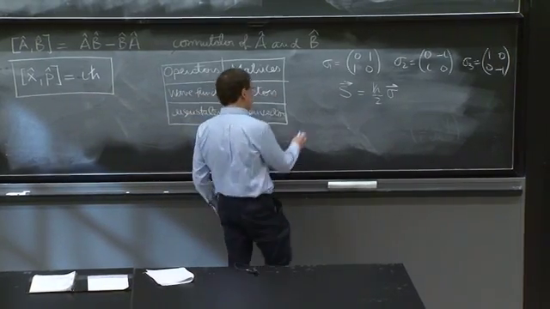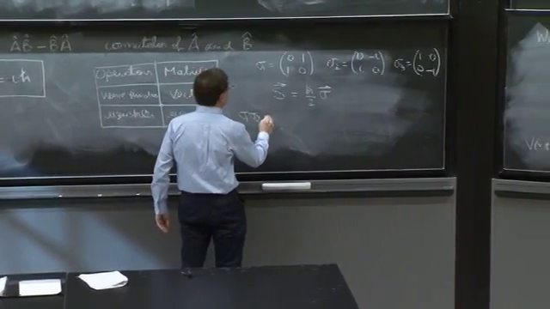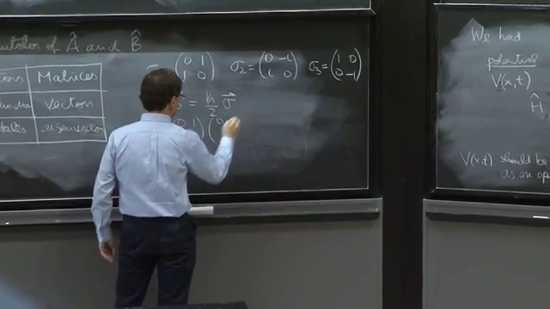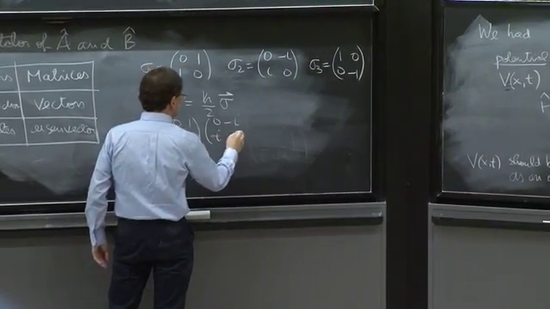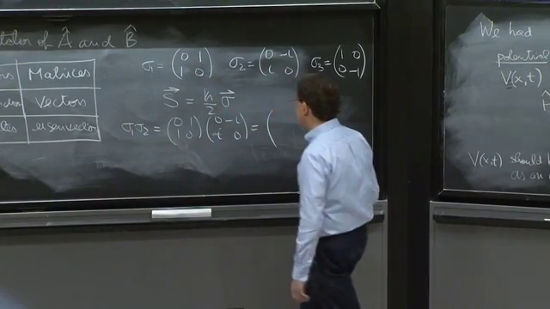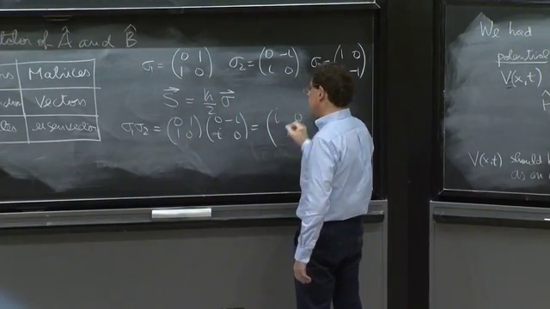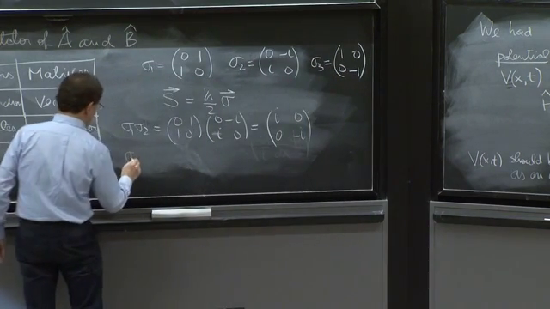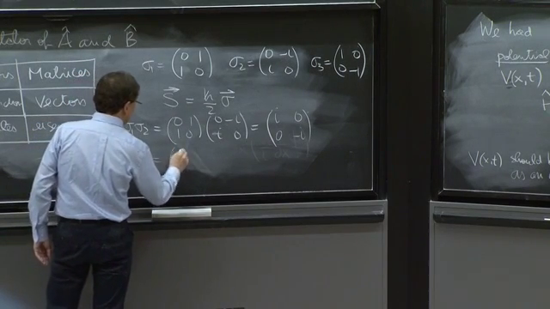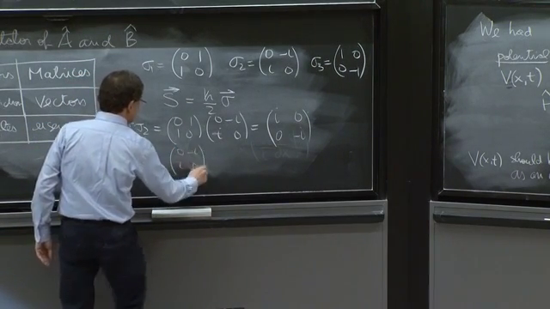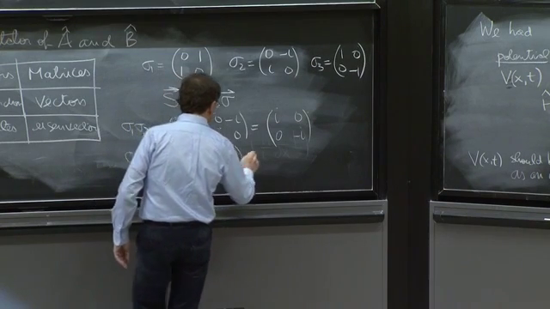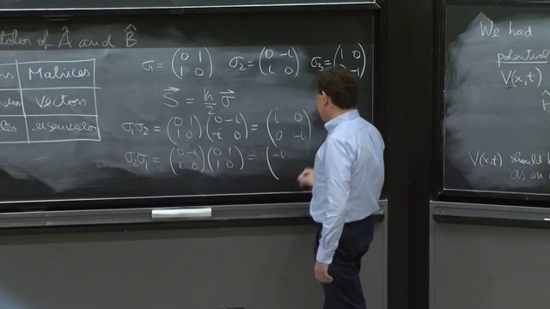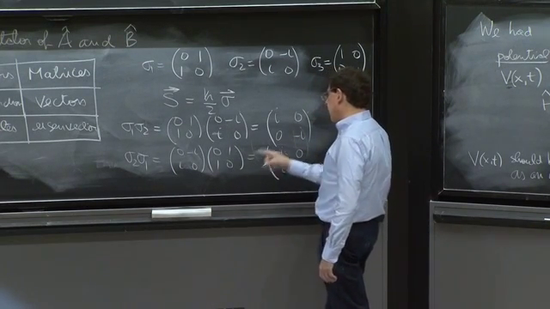And you can do simple things like sigma 1 times sigma 2. That is 0, 1, 1, 0 times 0, minus i, i, 0, which gives i, 0, 0, minus i. And you can do sigma 2 sigma 1: 0, minus i, i, 0 times 0, 1, 1, 0 equals minus i, 0, 0, i.